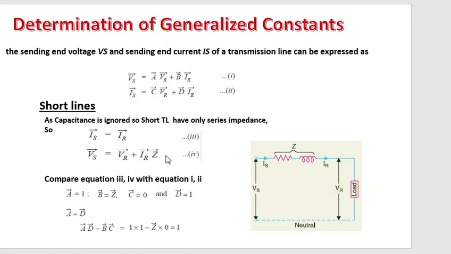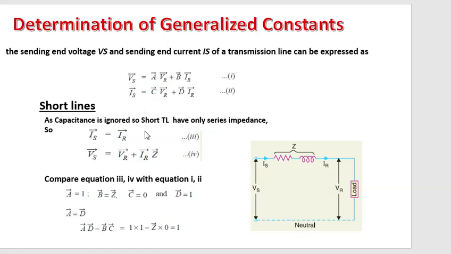Now if we compare equation number 3 and equation number 4 with equation number 1 and equation number 2, where equation number 3 will be compared with equation number 2, or simply the values of Is and Is will be compared, while the values of Vs and Vs will be compared.